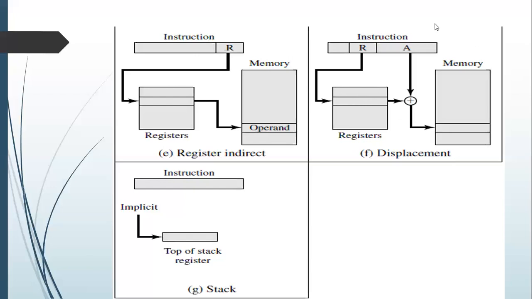That's why displacement addressing is very important. Here you have to calculate the address. The base address is specified, and only the displacement will be changed, only the displacement will be increased. And that's how you can calculate those addresses and fetch the next instructions.